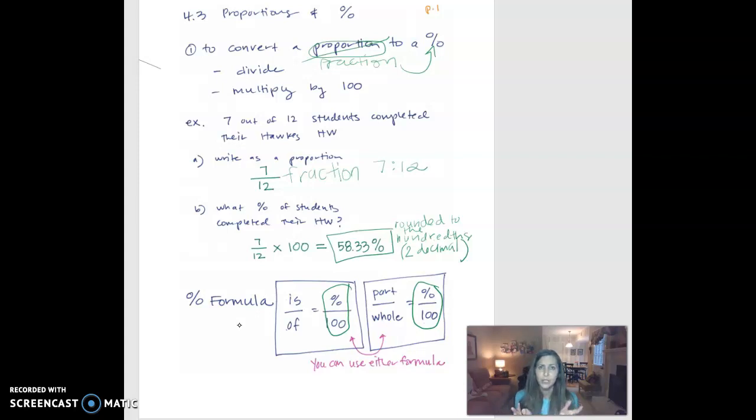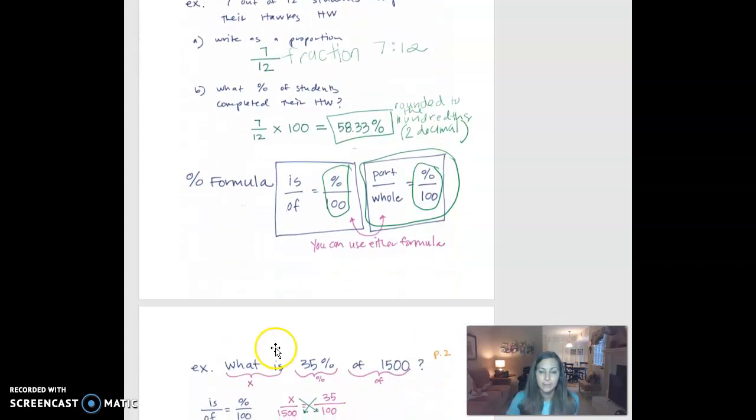So whichever formula you use, the words are just a little bit different, but the meaning is the same. But the percent is always going to be out of 100. Doesn't matter which formula you choose to use. Okay. Again, I like this formula right here a lot. It lends itself really well to word problems.